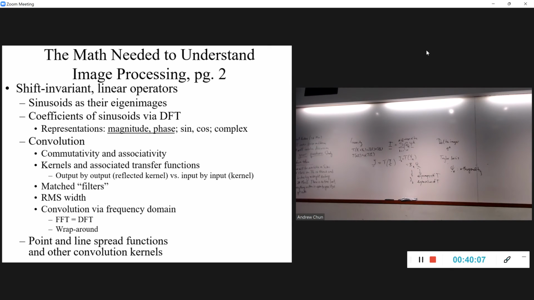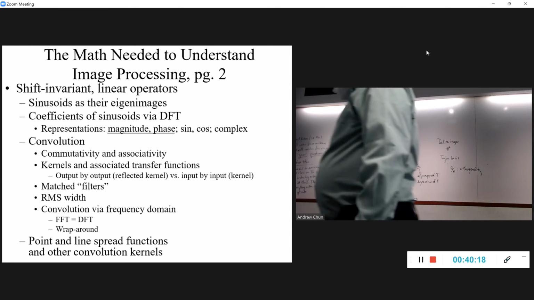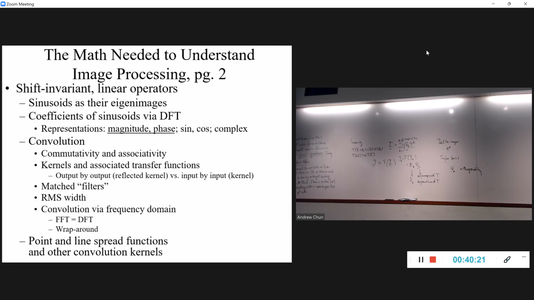But that can be shown to correspond to convolution of the image with a convolution kernel, and that the convolution can be understood as having an operator at every point in the image that essentially replaces each point in the image by this kernel, and then we add up over all the individual pixels.